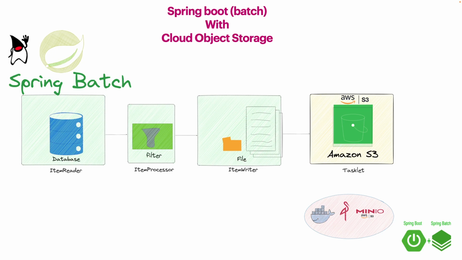We are going to create a Spring Batch application which will read from the database, write the data to a CSV file, and then store the file in Amazon S3. The S3 is short for Simple Storage Service. That's why we call it S3, three S's, Simple Storage Service.